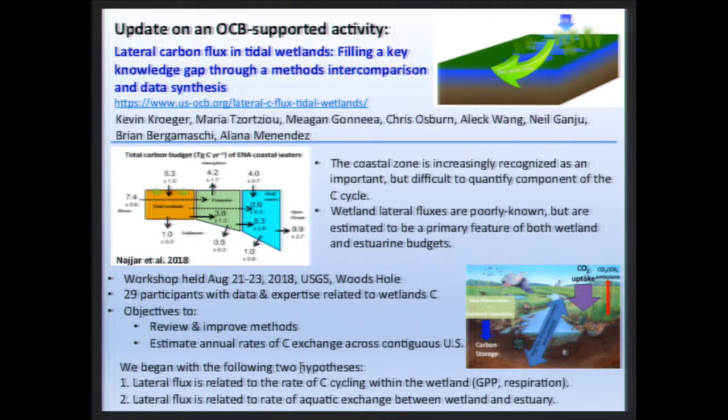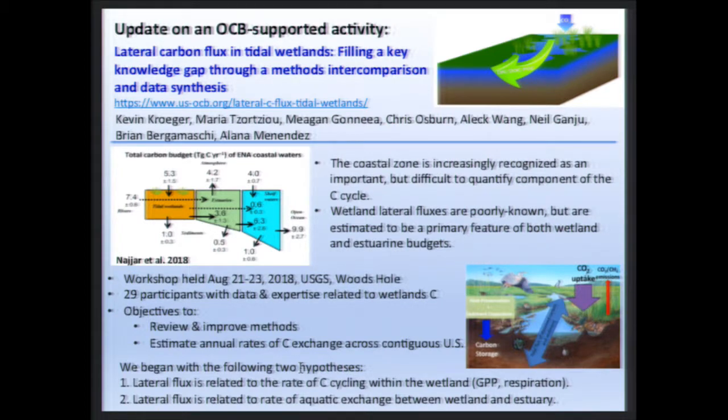And the basic idea is that the coastal zone is increasingly recognized as an important but difficult to quantify component of the carbon cycle. Wetland lateral fluxes are poorly known, and so what we mean by lateral fluxes are aquatic tidal exchanges of dissolved organic carbon, inorganic carbon, or particulate carbon.